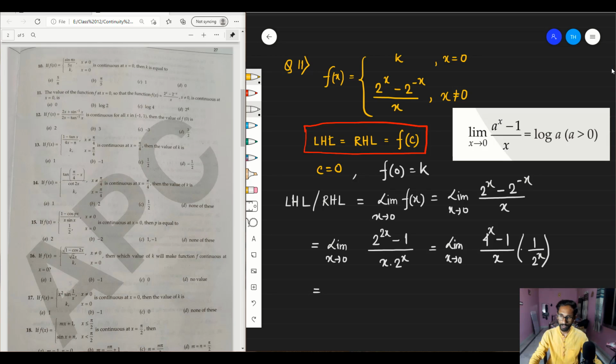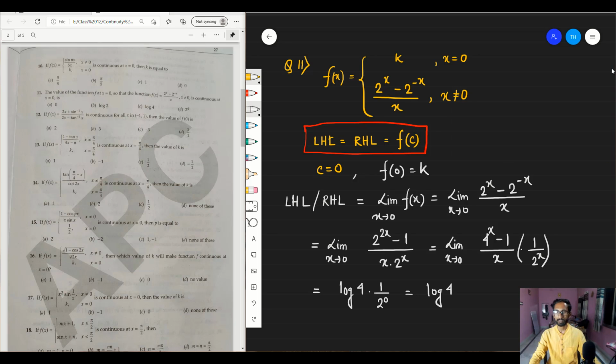So after applying the property, we will get log of 4 into 1 by 2 to the power 0. So the final answer is log of 4. So this is the value of LHL or RHL. Since the function is continuous, LHL or RHL will be equal to f of 0, that is k. So therefore k is equal to log 4.